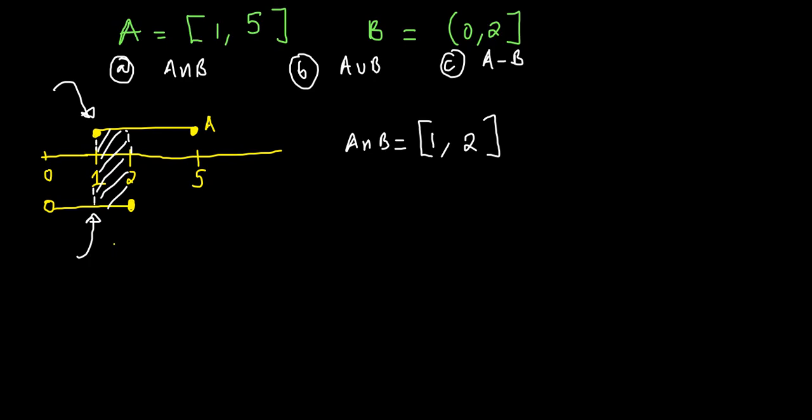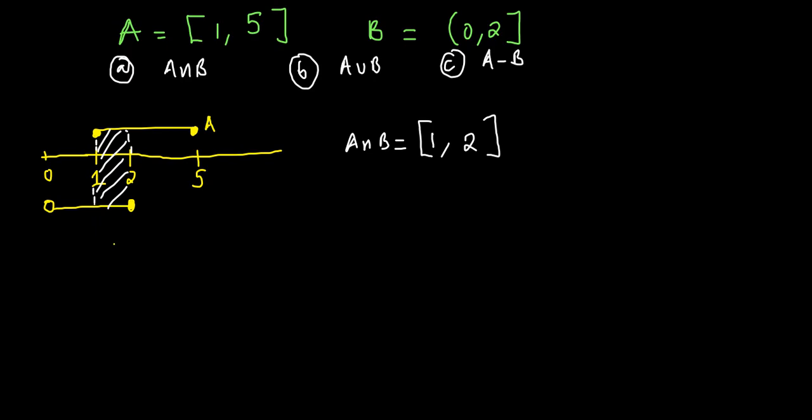So since 1 is in both sets, it's going to be part of the intersection. And if you look at 2, it is closed here, meaning that it is part of set B. And it is also on the line, meaning that it is part of the set A, because A is from 1 up to 5. So 2 is in both sets, meaning that it's going to be part of the intersection. Does that make sense?